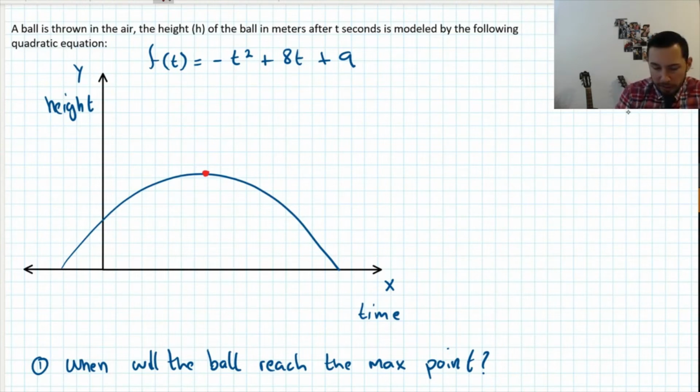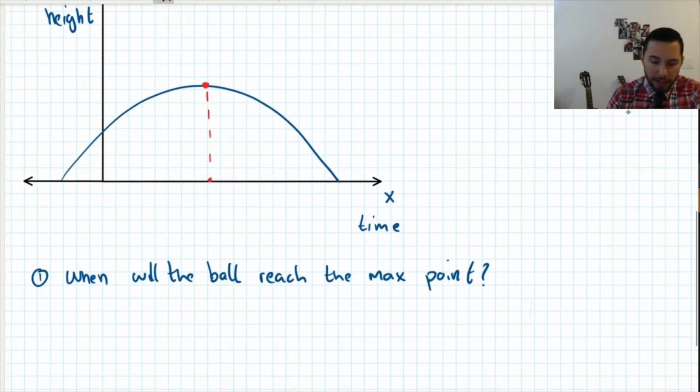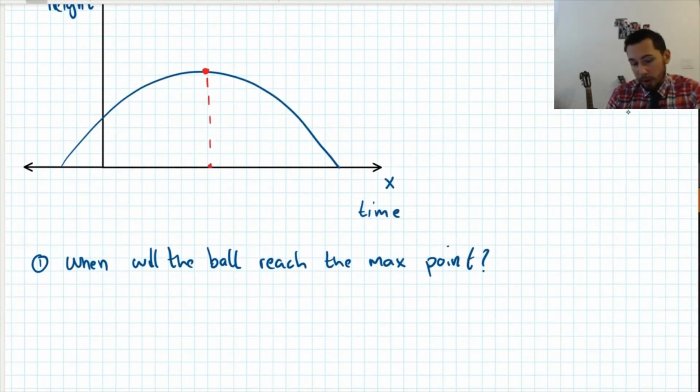So it's asking me when. So I want it in terms of time. So I'm looking at my x-axis, and I want to know when will this maximum point happen. Well, that is my axis of symmetry. So in order to answer when will the ball, I need to use the axis of symmetry equation.